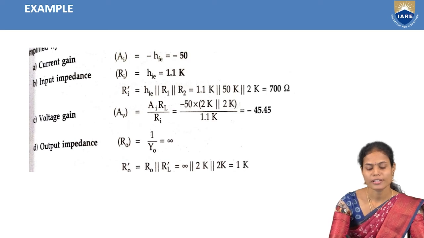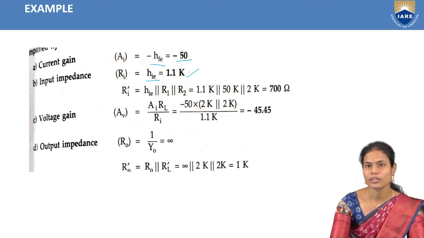Next, to find the current gain, the formula in the approximate model is minus hfe. The hfe value is already given in the problem, that is 50, so the value of current gain is minus 50. Next, the input impedance is hie, which is also given, and this hie is from the hybrid equivalent circuit only.